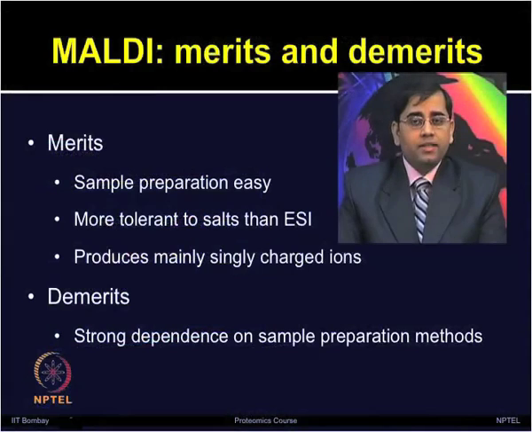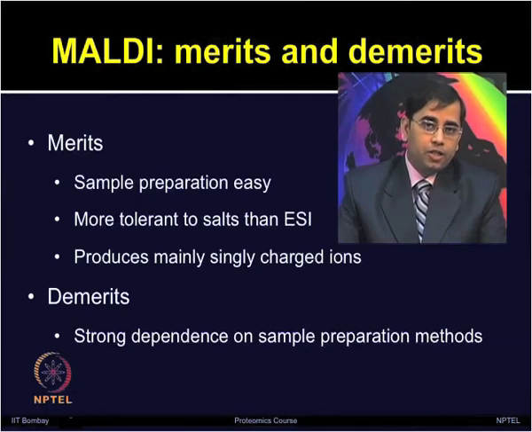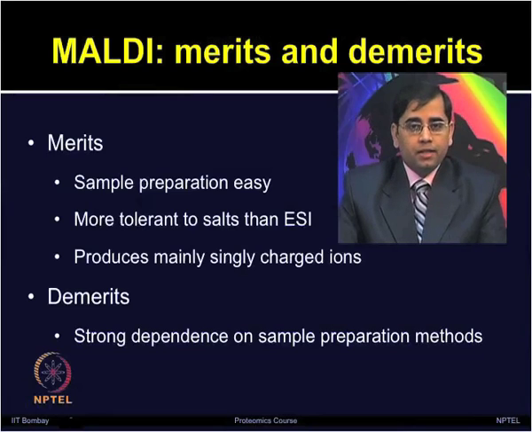Now, the various advantages and disadvantages of using MALDI as an ionization source. The sample preparation is very easy. MALDI provides high tolerance to salt as compared to electrospray ionization methods. MALDI produces singly charged species.